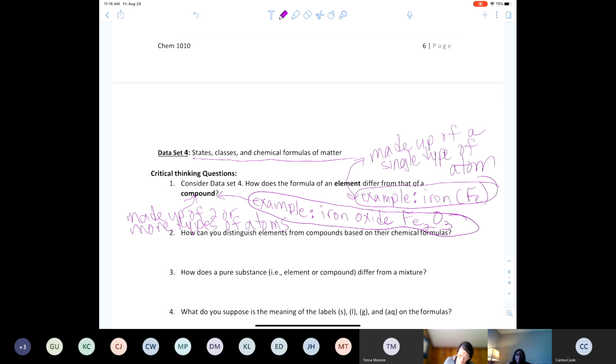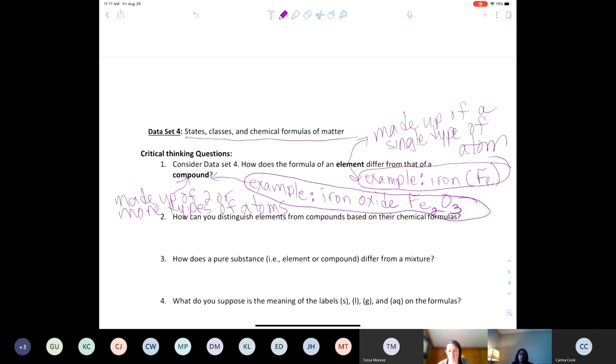So the formula of an element just has the symbol for that single element. But the formula of a compound has the symbols for all of the different types of elements that make up that compound. Iron oxide is an example that contains both iron and oxygen: 2 atoms of iron, 3 atoms of oxygen.